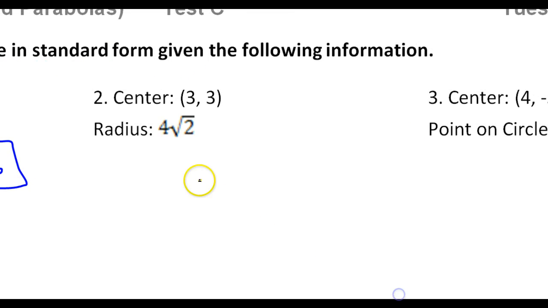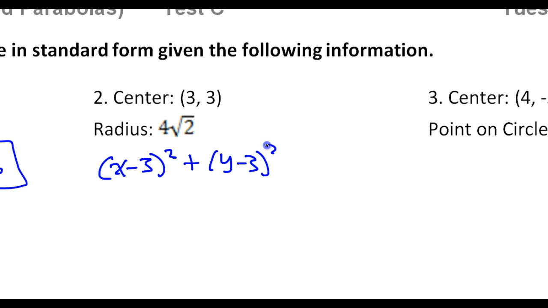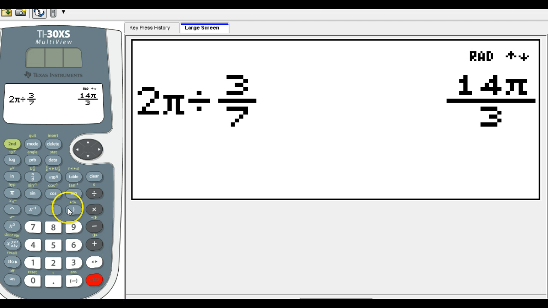Alright, for number 2, we just have to be careful using the calculator. So here I'm going to have (x minus 3) squared plus (y minus 3) squared is equal to the radius, 4 radical 2, squared. Now you can't leave the radius like this. You have to put that in your calculator.